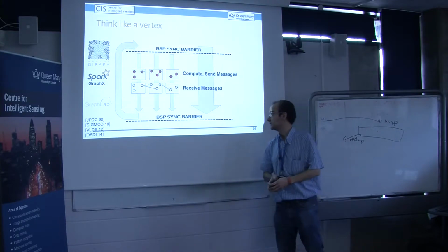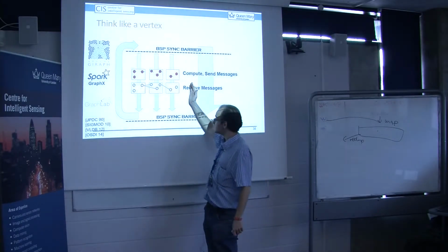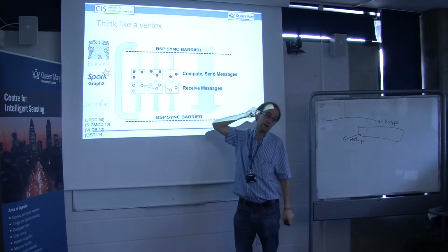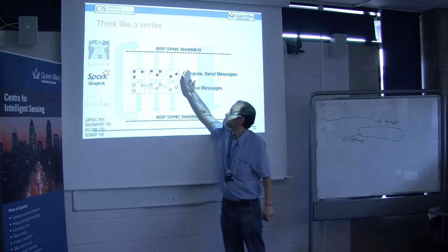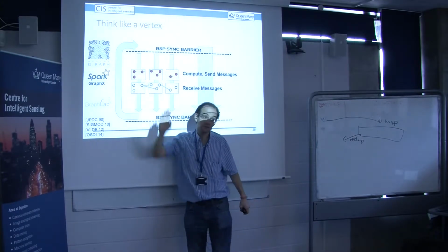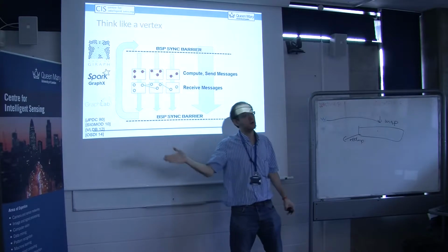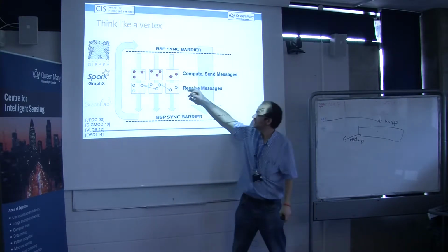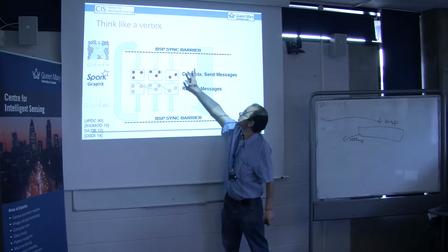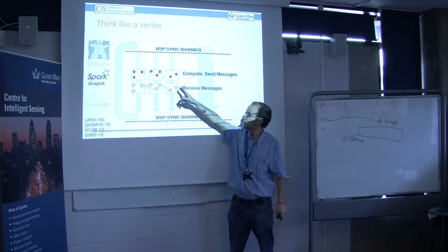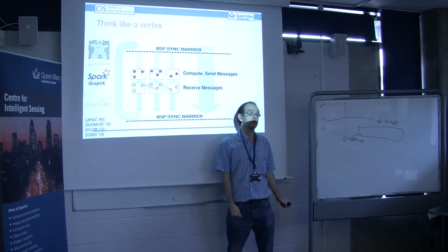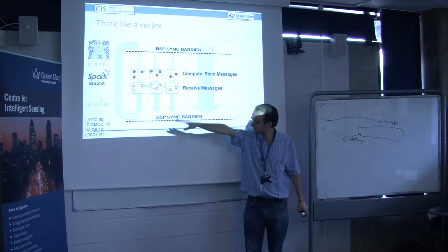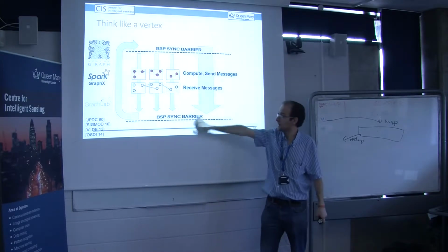And of course, this is something that is going to happen in parallel. My graph will be partitioned over a set of nodes, and each one of my workers will run all those computations and wait to receive the messages from the other partitions. And after that, start again and again.